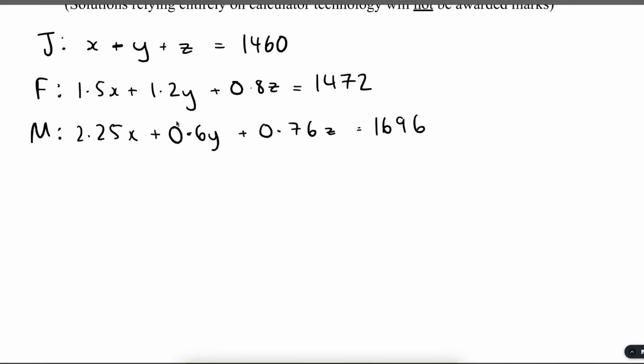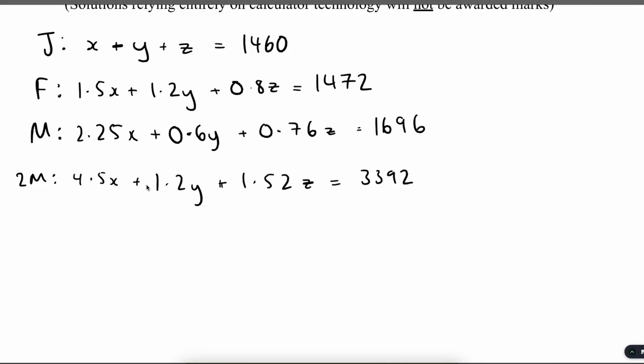So first of all, I've noticed these two are quite closely related to each other. So I'm going to multiply M by 2. So we get 2 times the earnings in March. That's going to be 4.5x plus 1.2y plus 1.52z.